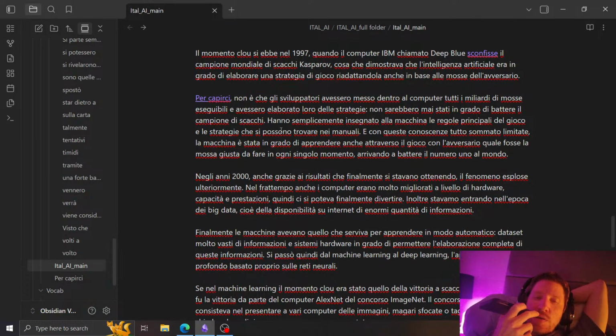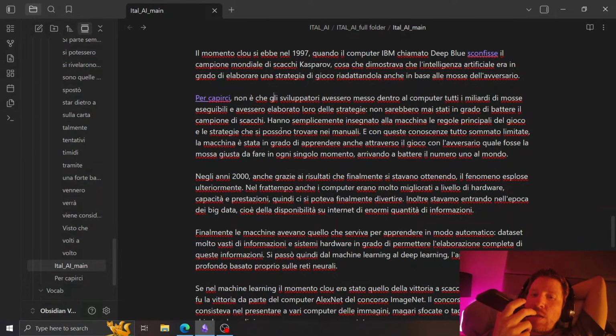In questa frase, allora, aspetta, ok, dimostrava che l'intelligenza artificiale era in grado di elaborare una strategia di gioco riadattandola anche in base alle mosse dell'avversario.